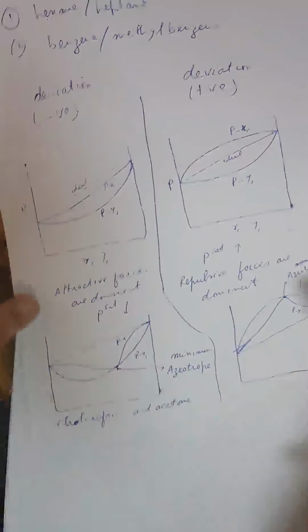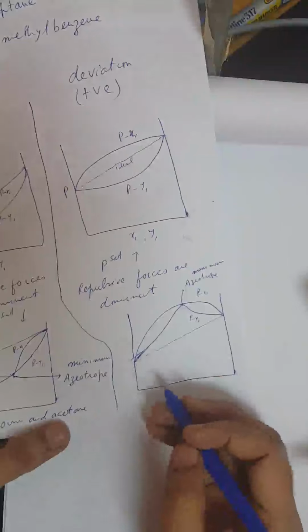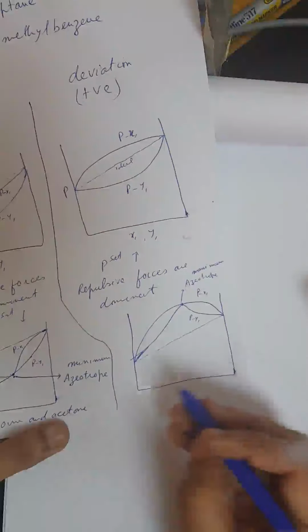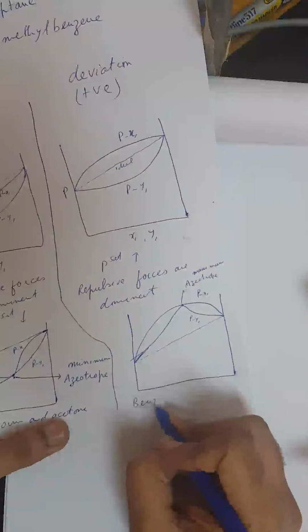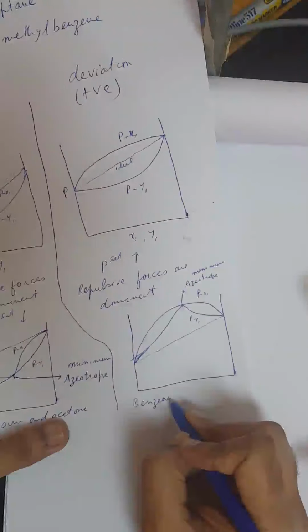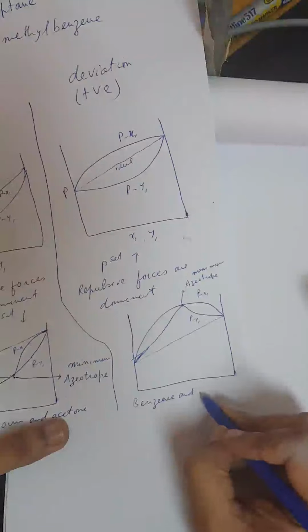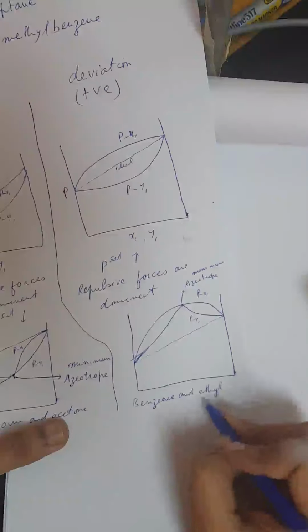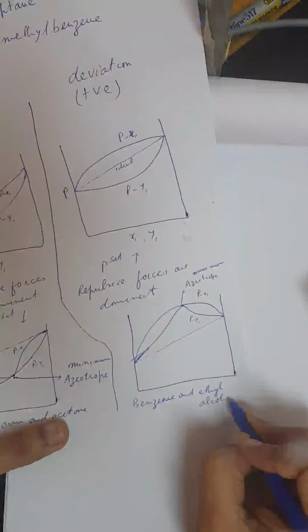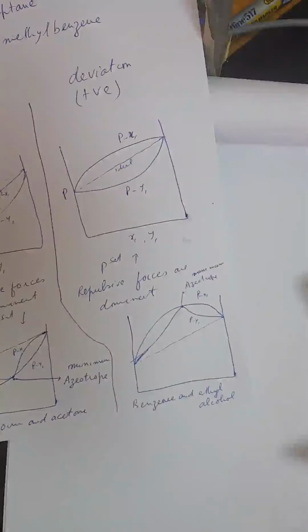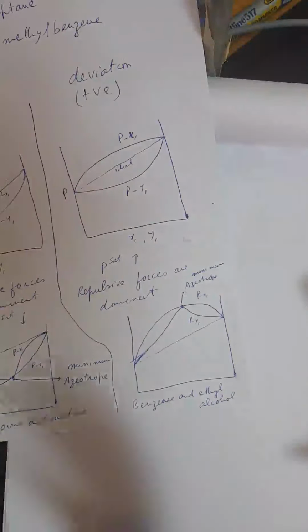So this is the example. In positive deviation, we have benzene and ethyl alcohol. Any other examples, like carbon disulfide, CS2 and acetone, chloroform and ethanol.